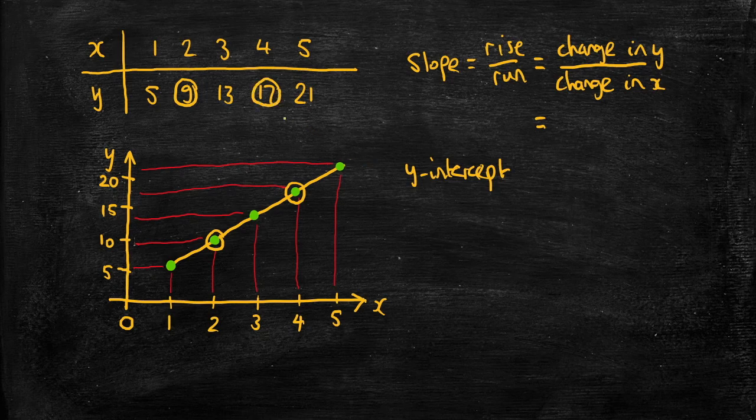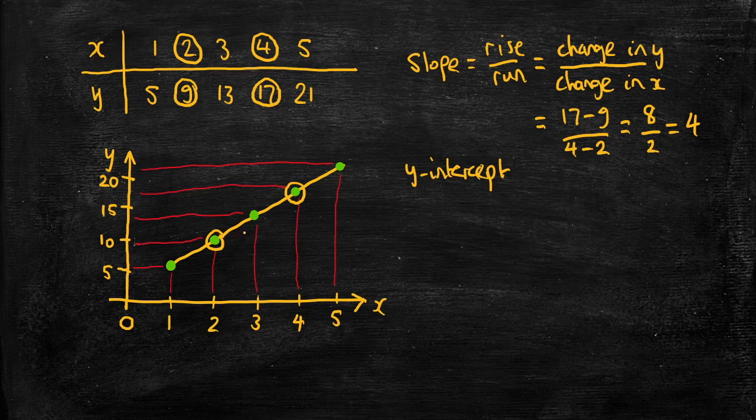And so the change in y from 9 to 17, if I do 17 minus 9, that will give me the change in y, and that comes to 8. And then the change in x is going from 2 to 4. So my change in x is 4 minus 2, which is 2. 8 divided by 2 is 4. So my slope is 4.